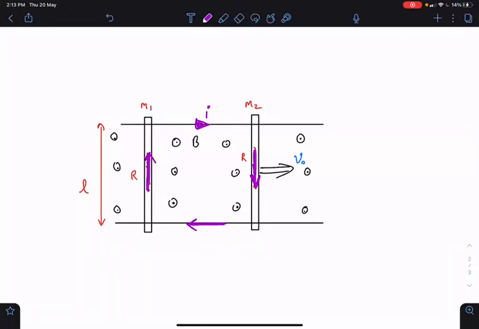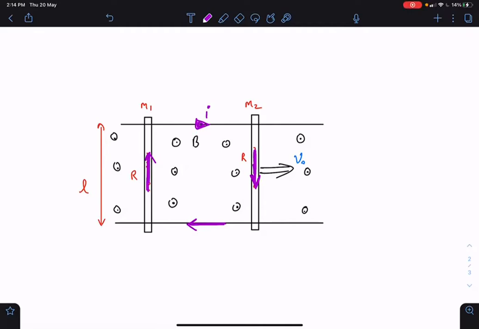Can we say that the gain in velocity of M1 and the loss in velocity of M2 will be the same? The force will be the same, but because the mass is different, the acceleration will be different. Can we say that the gain in momentum of M1 and the loss in momentum of M2 will be the same? Yes.